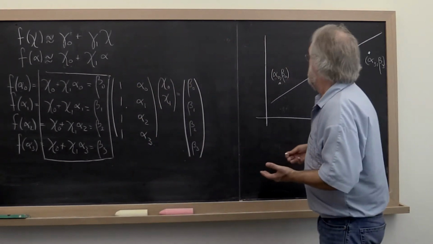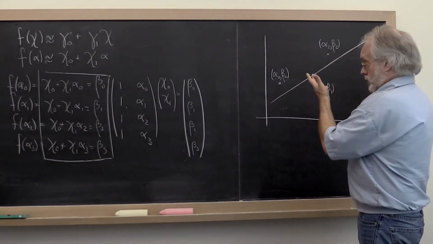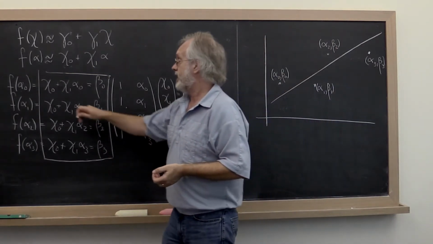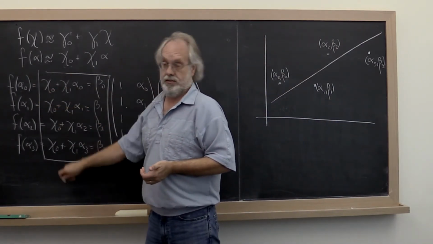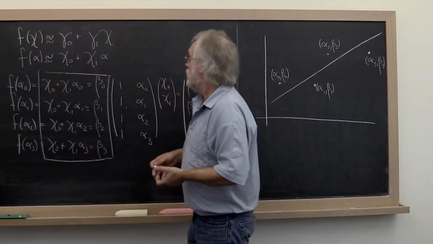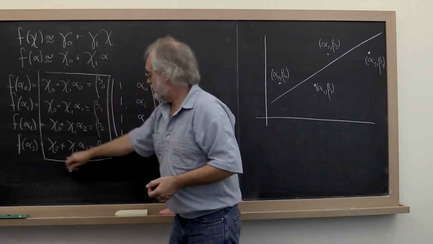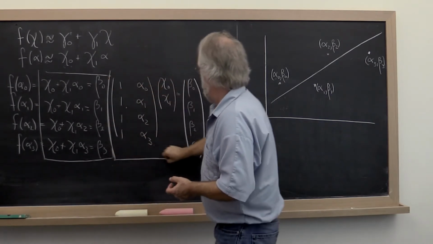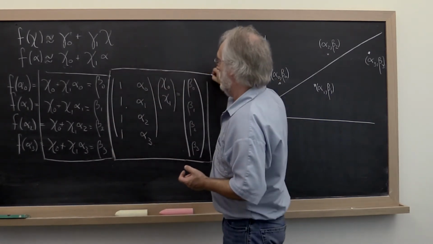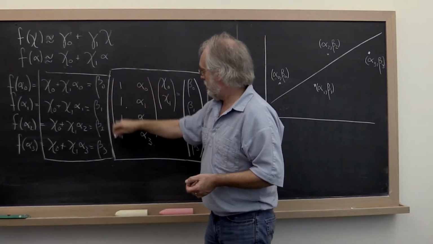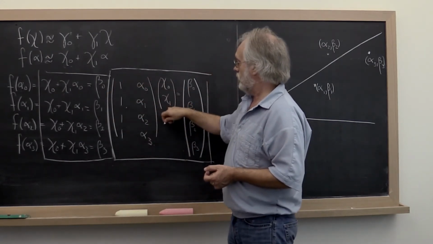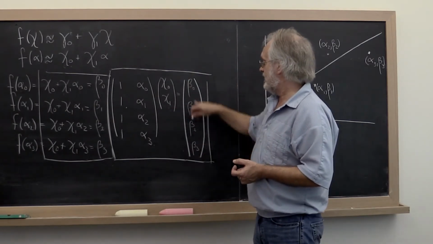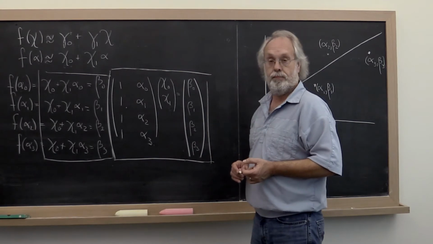Now, again, eyeballing this, we're not going to get it exact, and therefore the best we can hope for is finding the coefficients that best fit the data. We can capture these 4 equations in 2 unknowns with this right here. All we've done here is set it up as a matrix times a vector of those 2 coefficients, chi 0, chi 1, equal to some right-hand side, beta 0 through beta 3.